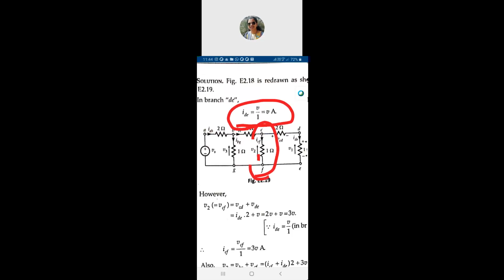And this V2 is equal to how much now? This V2 will be equal to VCD plus VDE.